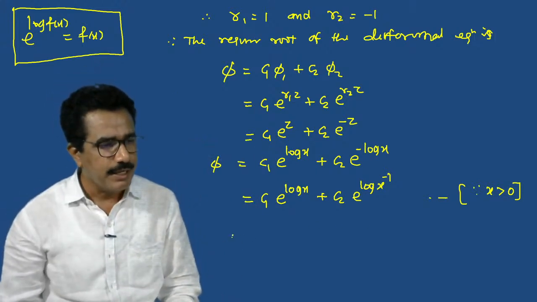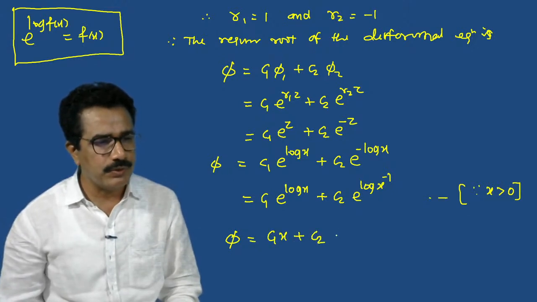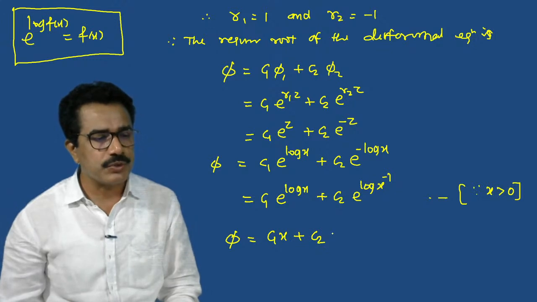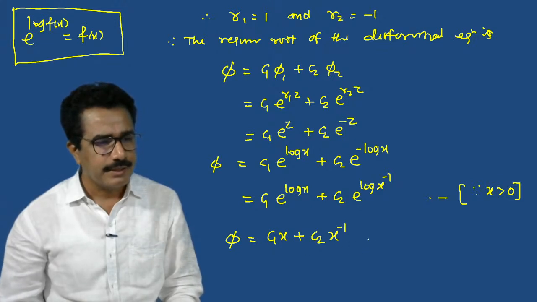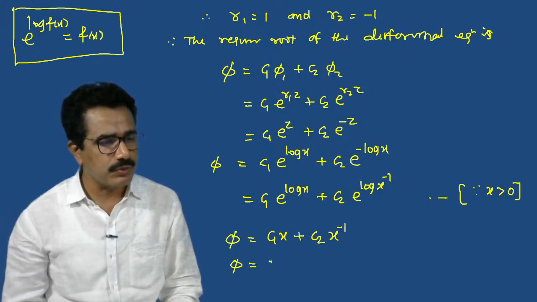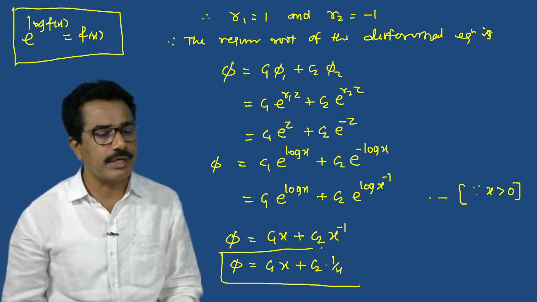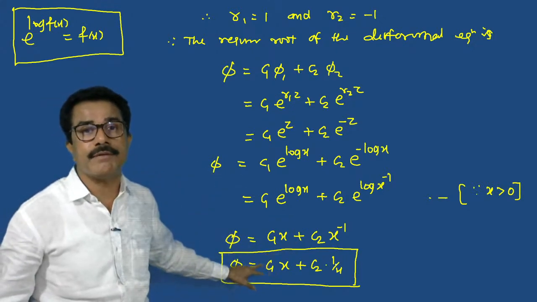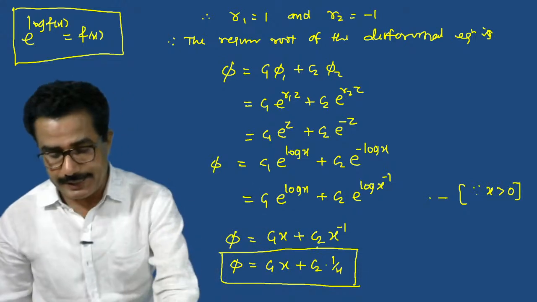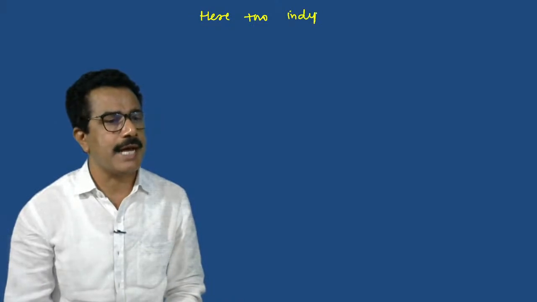So we can write phi = c1 x + c2 x^(-1), that is, phi = c1 x + c2 (1/x). This is the required solution of the given differential equation. So the two independent solutions are here.